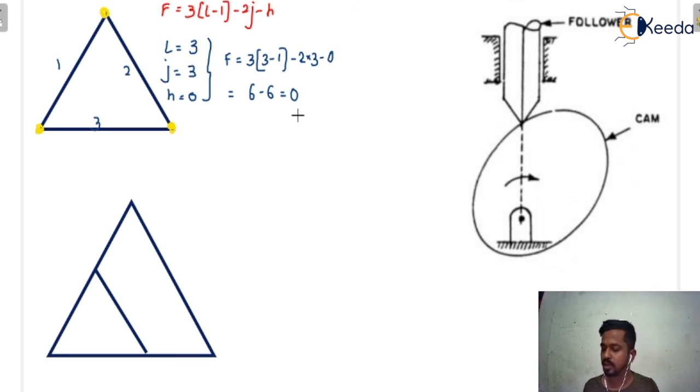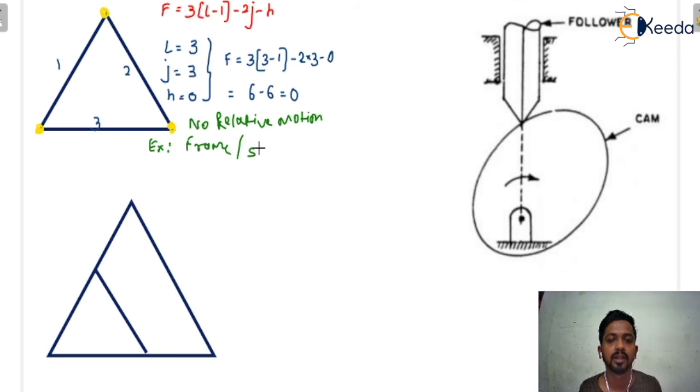Degree of freedom equal to 0 means there is no relative motion. So I can write the final result here: no relative motions. Examples you can see are a frame or a structure.